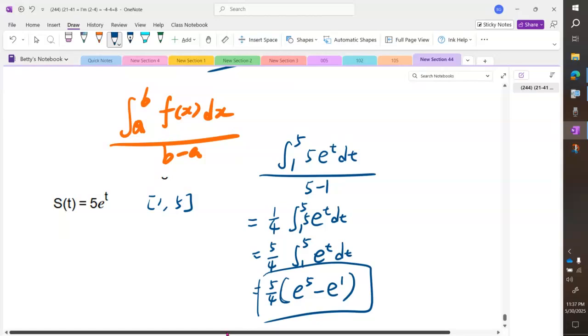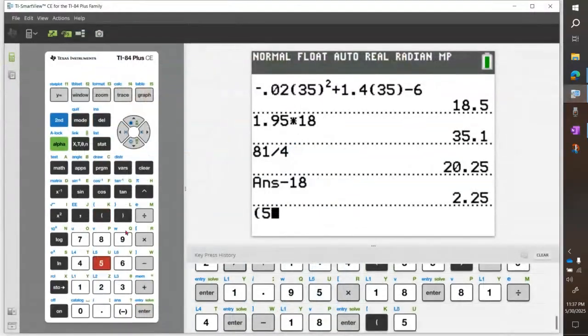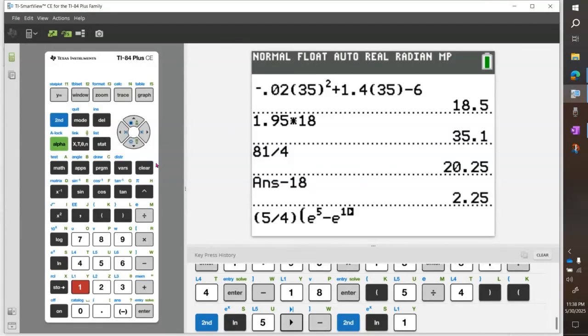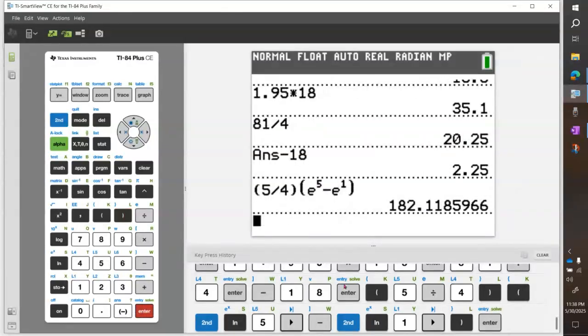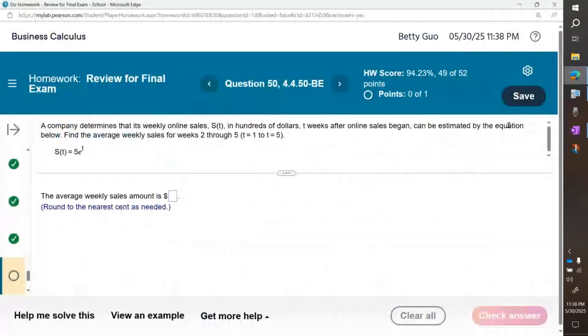Let me double check quickly. 5 over 4. Yeah, 5 over 4, times parentheses e to the power of 5 minus e to the power of 1. This is in hundreds of dollars.